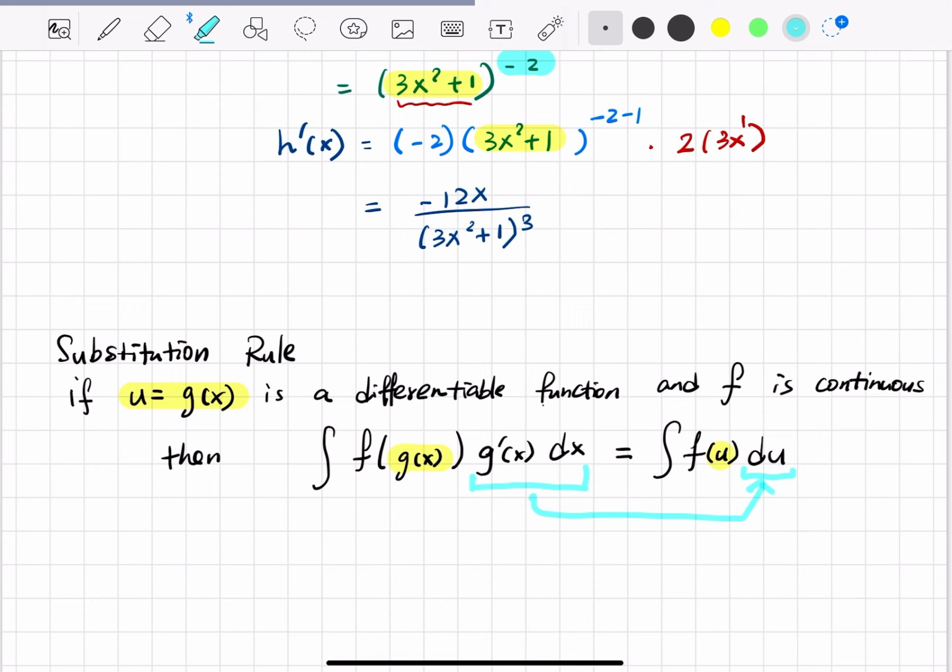Sometimes it's not going to be really straightforward. You need to do some algebraic simplification to match the one you have, but in general, g prime dx is going to be matched to the du. So let's look at one example.